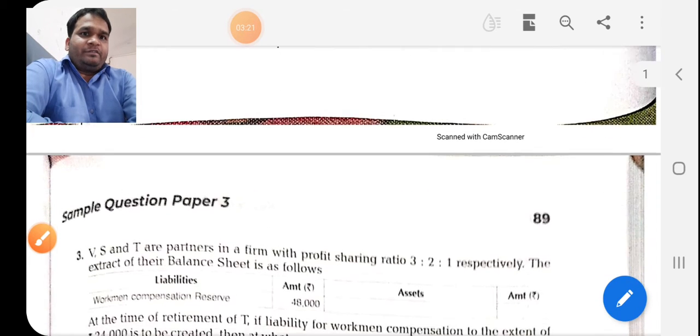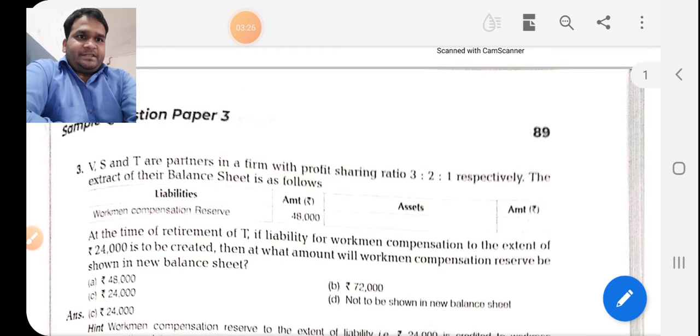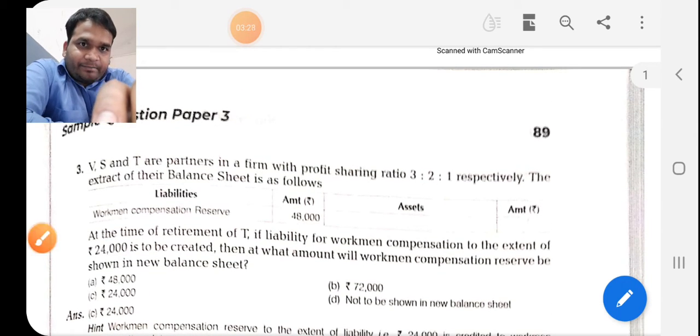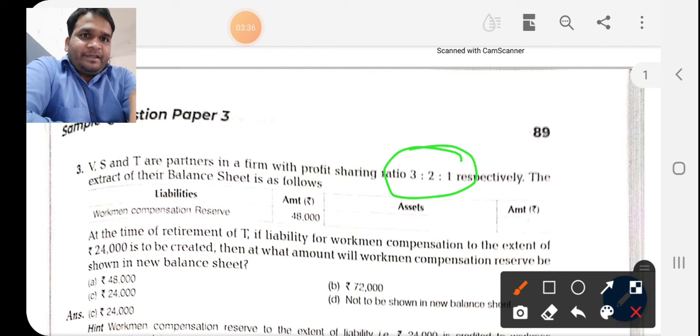Let us move on to question number 3. In this question it says that S and T are partners in a firm with a profit sharing ratio of 3:2:1 respectively.